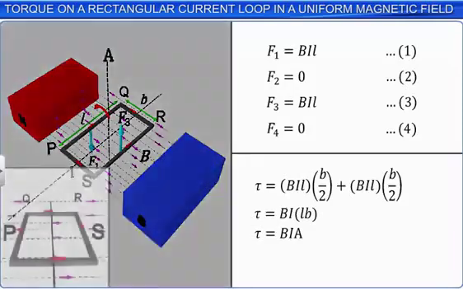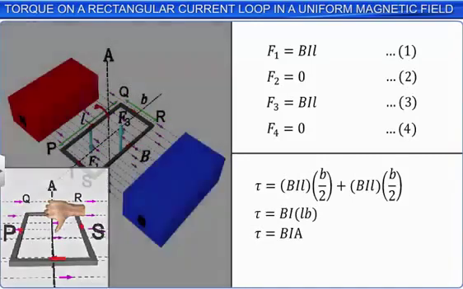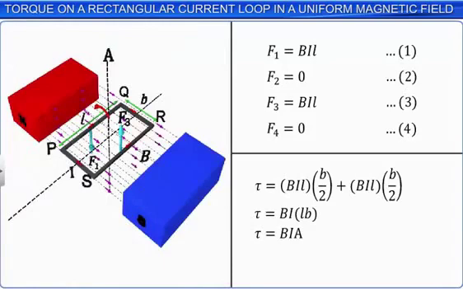If the right hand is stretched and the four fingers of the hand curl in the direction of the current in the loop, then the thumb, which is extended out, indicates the direction of the area vector. Hence, the direction of the area vector in this case points into the loop when we observe it from top, such that the current in the loop is in the clockwise direction.